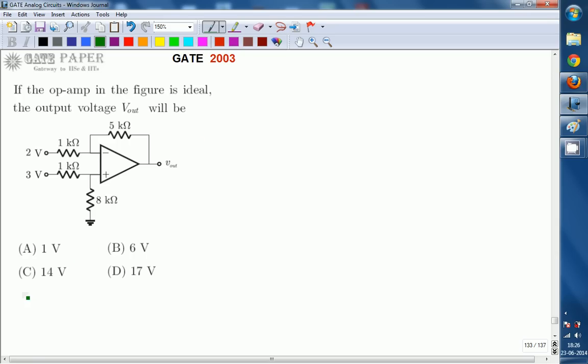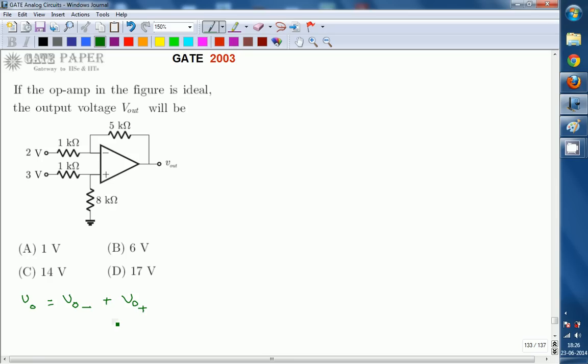Let us assume the overall response is V naught, which is V naught due to the voltage at the inverting terminal plus the output voltage due to the voltage at the non-inverting terminal.